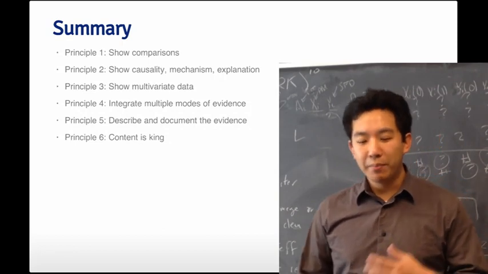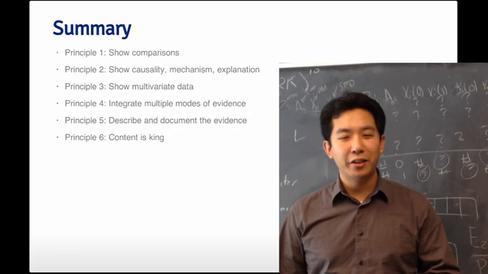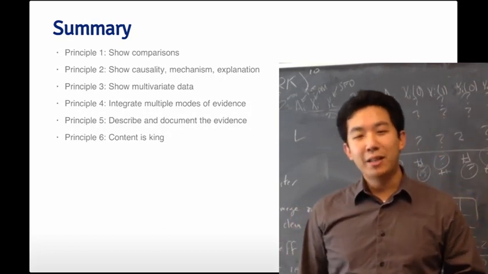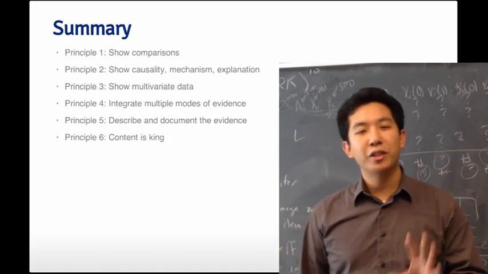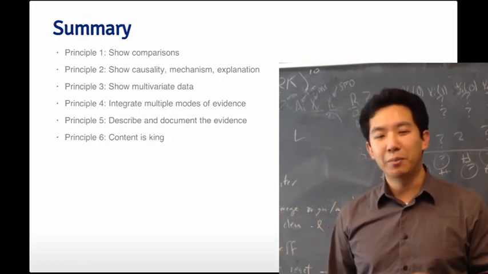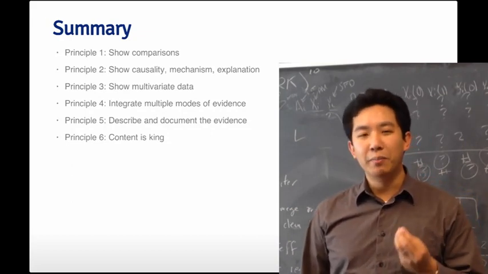Principle number 4 is to integrate multiple modes of evidence, so you can use things like tables and plots and text all together. You don't have to keep them separate if you don't want to. Describe and document your evidence, so always have sources and source code to lend credibility to your plots. And finally, always remember that the story that you tell and the data that you use are the most important elements of any graphic.